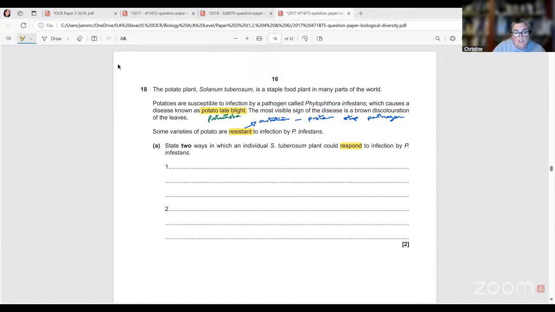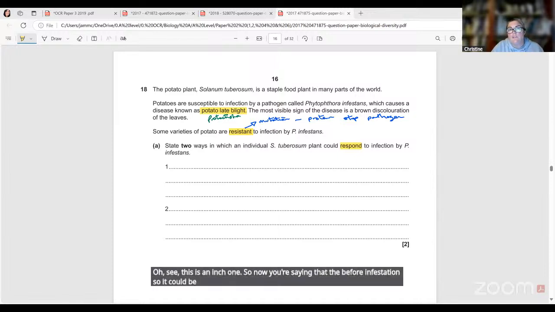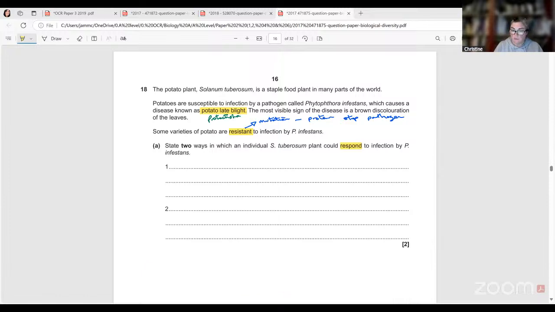Oh, this is an interesting one. So now you're saying that the name, Phytophthora infestans, so it could be that the exam board have literally just thrown the name of one out there. Now I'm going to double check this, because I don't know the names of my... this is where my flora... infestans.